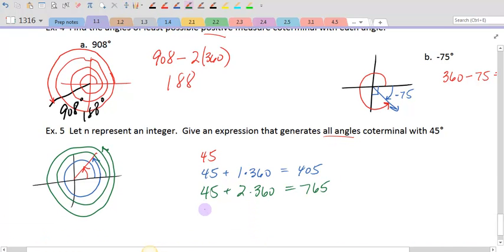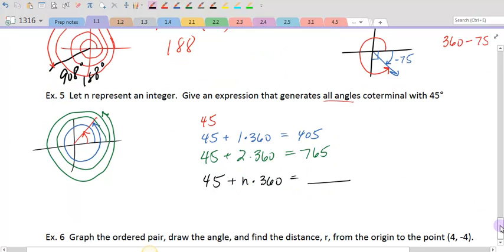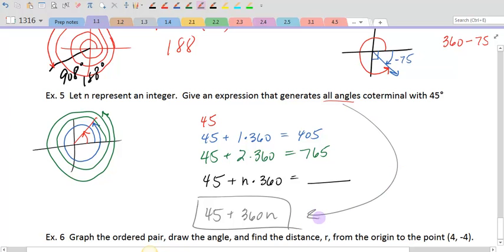The pattern comes with 45 plus some number n times 360, right? That's going to give me however many revolutions I go around. So in general, the answer to this question looks like, we don't usually write it like that, 45 plus 360n. That is an expression for all angles coterminal with 45 degrees.